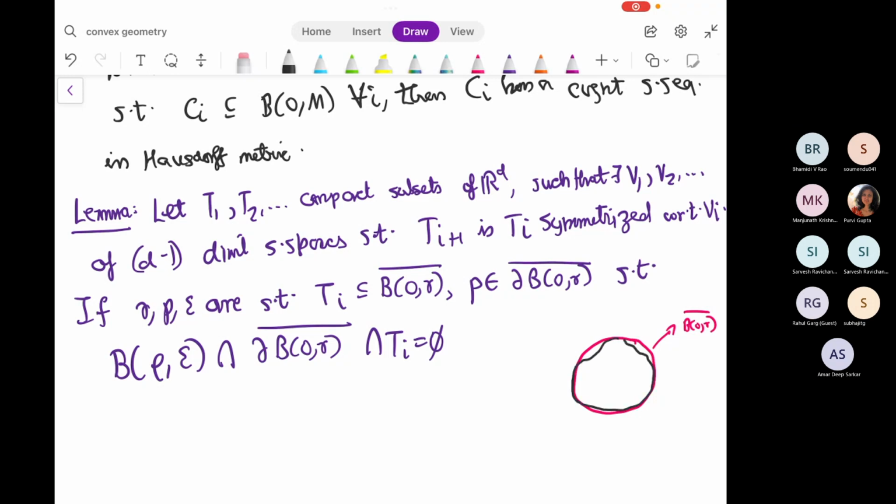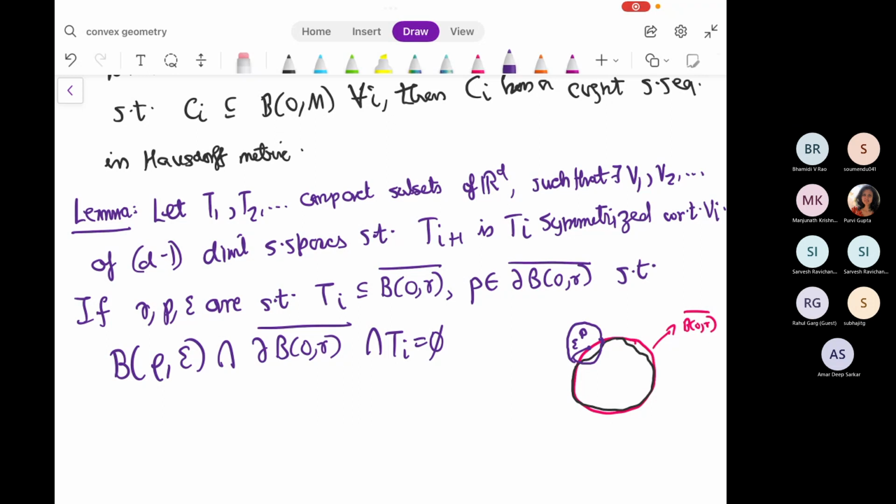So it looks something like this, right? What I'm doing is I have found a point P and an epsilon such that the boundary is not hitting T_i until distance epsilon at least. So let's say this point is P, and you've drawn a ball of radius epsilon around P. So this distance here is epsilon.